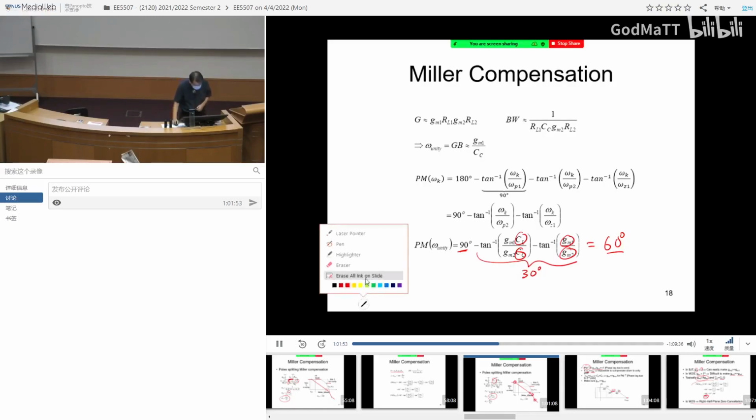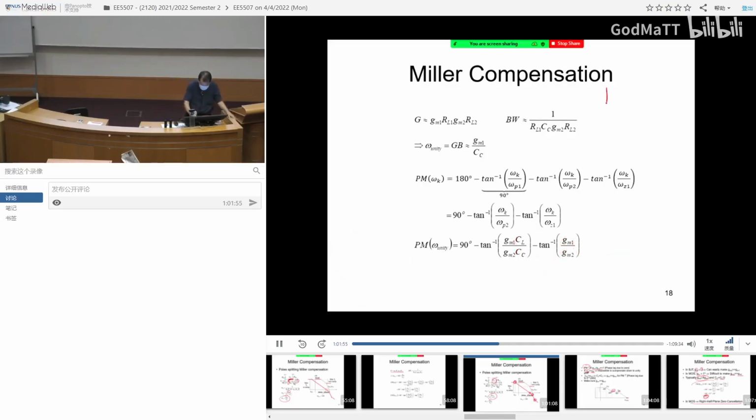I don't know whether you guys recall, during my lecture 3, at the very last example of OTA design, I always mentioned gm2 needs to be bigger than your gm1. You can go back and revise my lecture 3, the last example when we talk about OTA design.